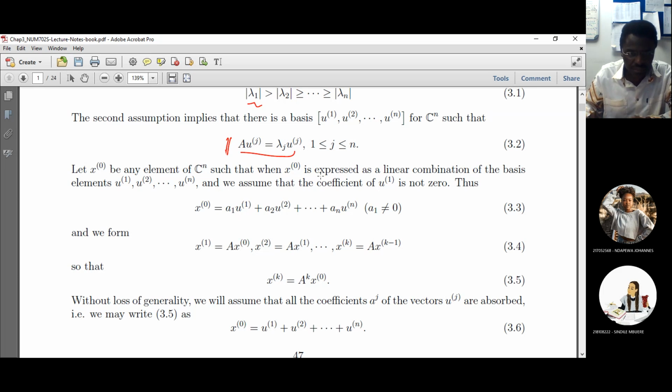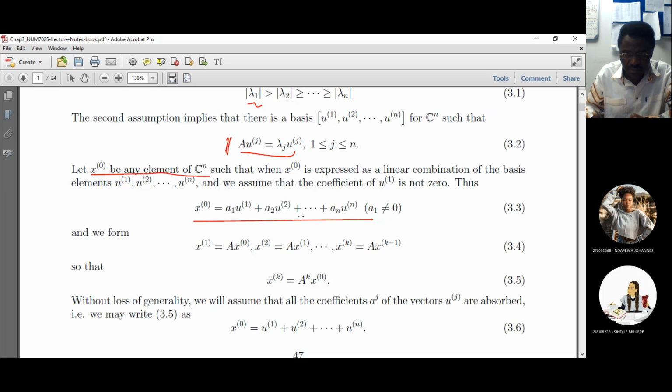So that is exactly what we have here. If I take x0, an arbitrary vector in Rn or Cn, you can write it this way, because Cn is a linear vector space of dimension n.